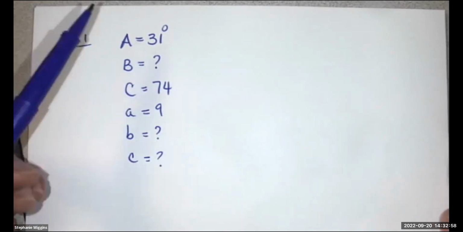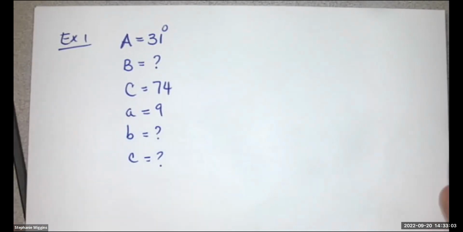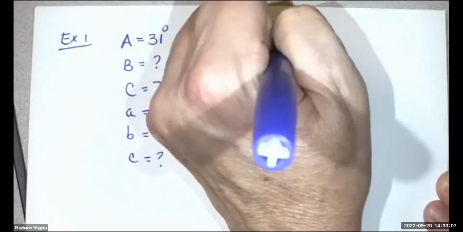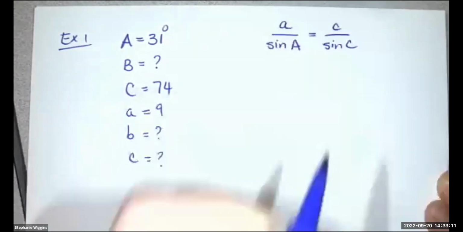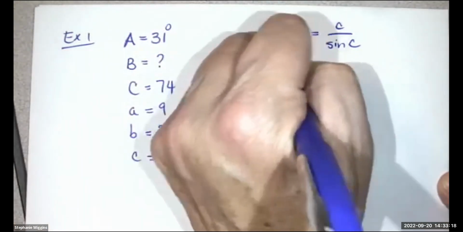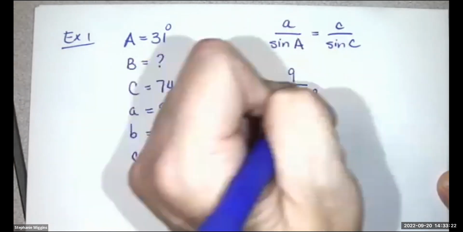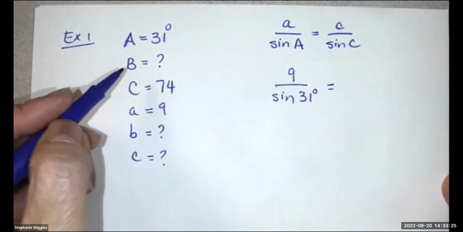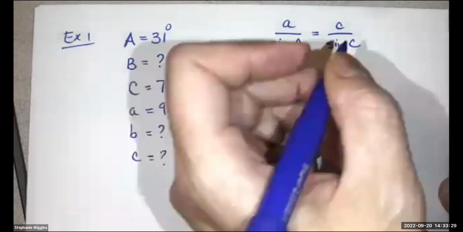And because I know A and C and little a, I'm going to use a over sine of A is equal to c over sine of C. And so when I plug in my 3 quantities that I know, I get 9 over sine of 31 is equal to little c over sine of 74.